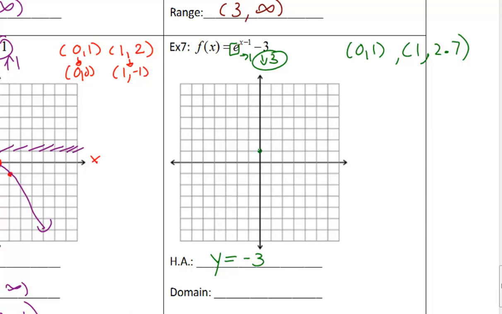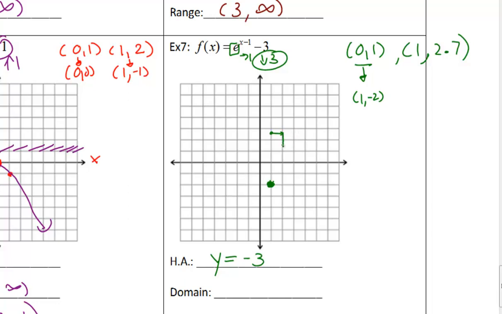So here's (0, 1). What I need to do to it is go 1 to the right and then down 3 units. So here's the location of my new point. So this point became (1, -2). The other point, (1, 2.7), right there, needs to go right 1 unit, and then it needs to go down 3 units.